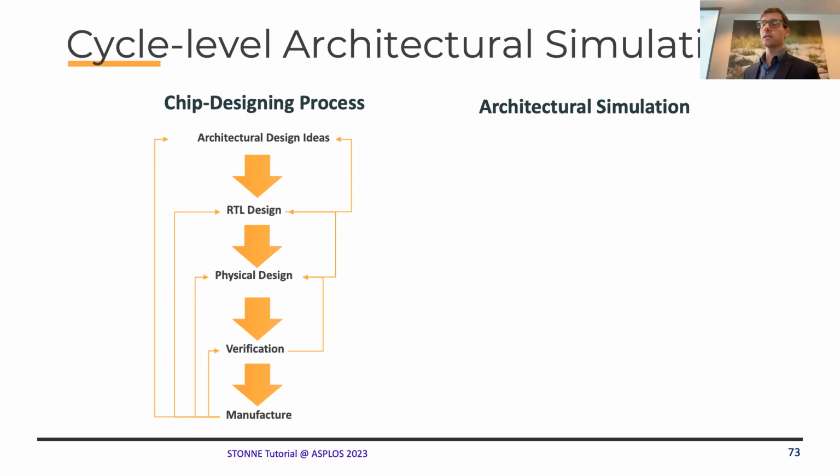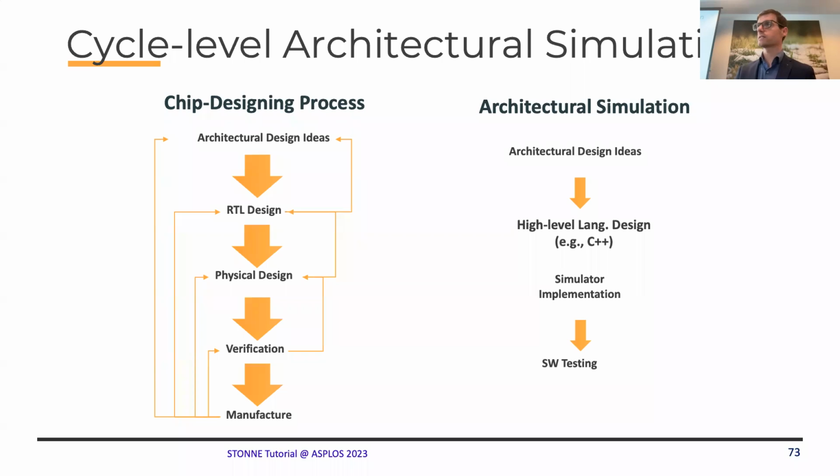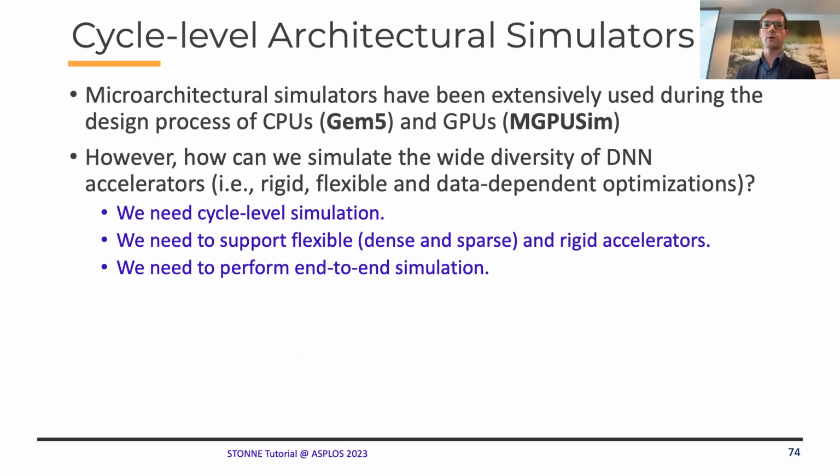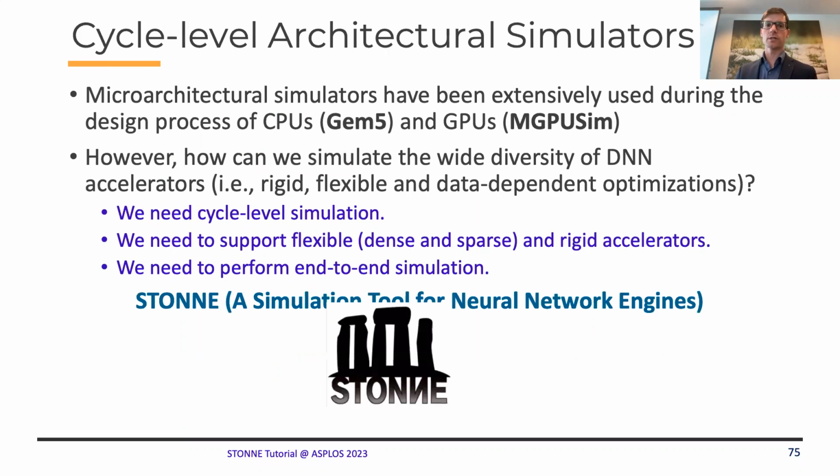So using architectural simulation at the cycle level, which is a very precise simulation, you build a simulator in C++, for example, a high-level language, then you test the simulator with software testing techniques. Once you are convinced that this architectural innovation is good, then you go through the conventional stage. This happens for CPU and GPU simulators, but not so much when we consider DNN accelerators.